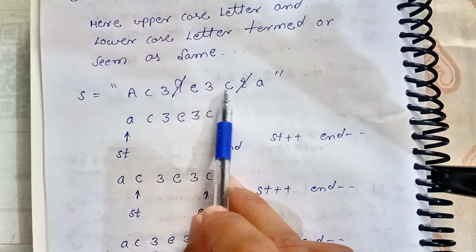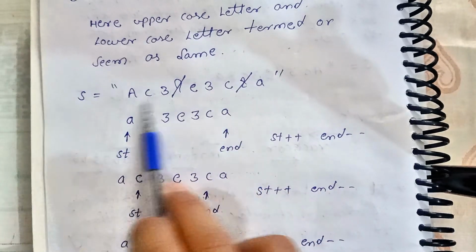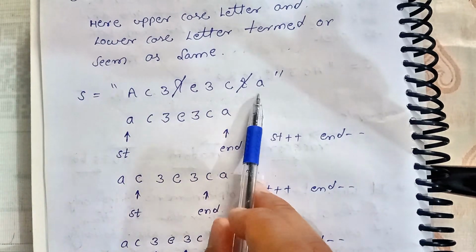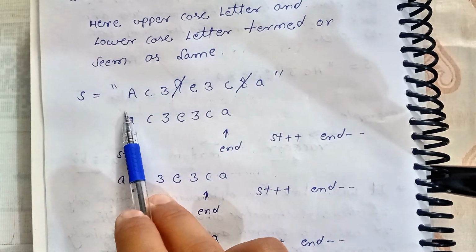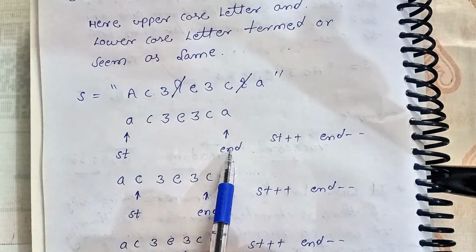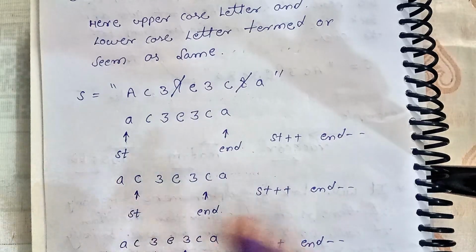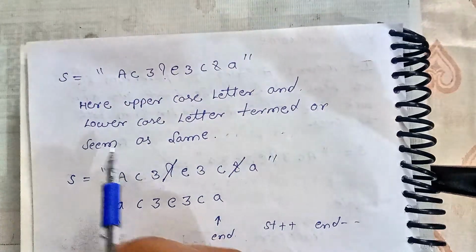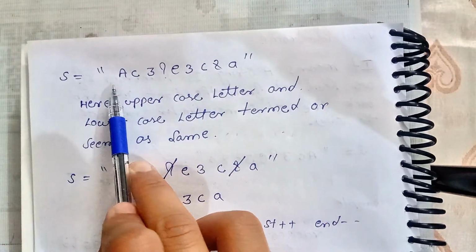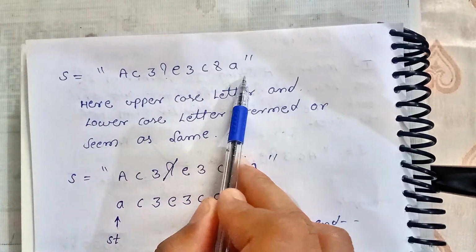So here is the dry run of the code. Here is the example which we follow forward. We are taking two pointers, start and end. Here we have taken one example which is AC3?E3C&A.